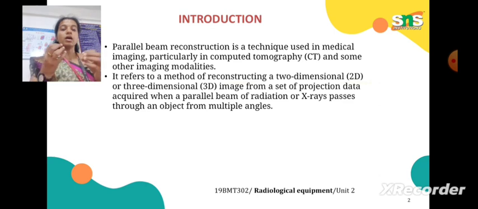From that data, we reconstruct the image by using the parallel beam reconstruction method, which is mainly used in CT imaging techniques.